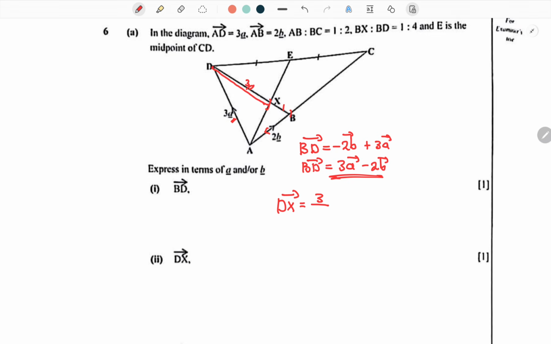So the entire line was actually 4. Now, because we are moving from A going to B, and then going to D, or we are supposed to move from A going to B to C, then to D. But since we are moving from D going to B, we are moving against direction. So this is going to be our negative.